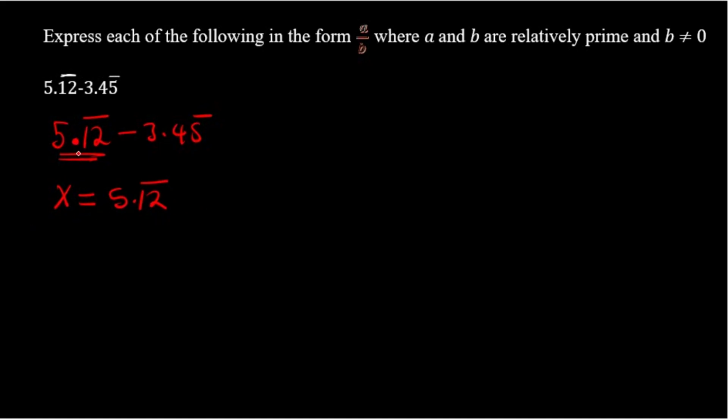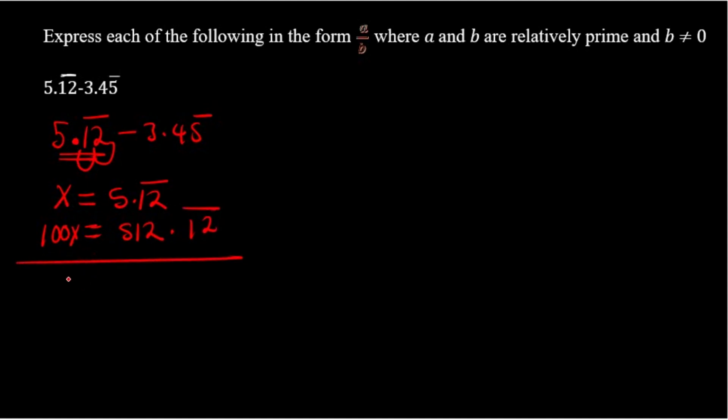Then for the second equation, we move the point behind the number that is repeating, so you say 1 and 2. So we have to say, oh, that is 100, so that's not 10x, it's supposed to be 100x. You have to say 100x here, which is 512.12 repeating.